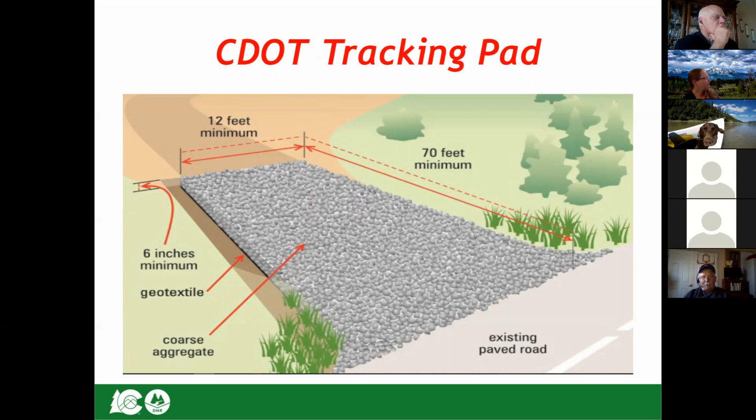You've got the depth of that gravel, which really acts as a scrubbing brush, and then of course the length and the width are prescribed. We're not looking for something that's built exactly like that necessarily, but whatever BMP is installed should function equally well. And I think that's really what we're looking for out there. Next slide, please.